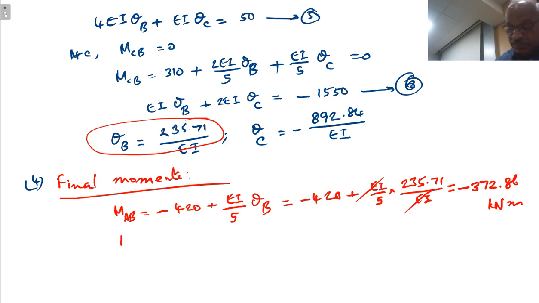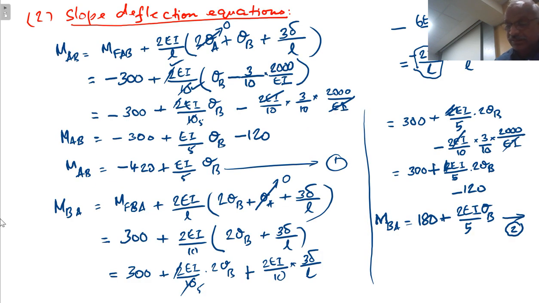Like this, again I am going fast. You have to rewrite the equation for MBA, rewrite the equation for MBC, rewrite the equation for MCB. You have to write down these equations. Here θB is unknown, so when you substitute θB as 235.71 by EI, the EI will get cancelled and you will get a number.